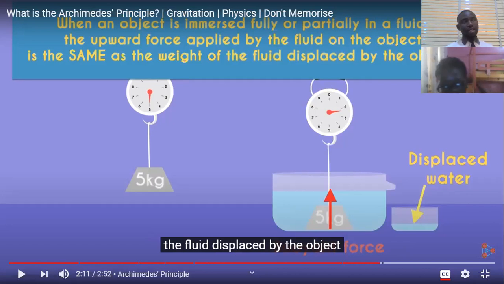Because a solid cannot flow, but fluids can flow, gases can flow, liquids can flow. So when an object is immersed fully or partially in a fluid, liquid or gas, the upward force applied by the fluid on the object is the same as the weight of the fluid displaced by the object.